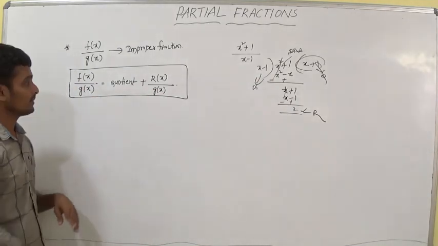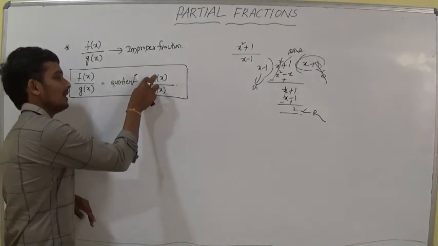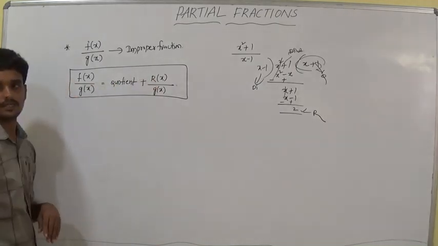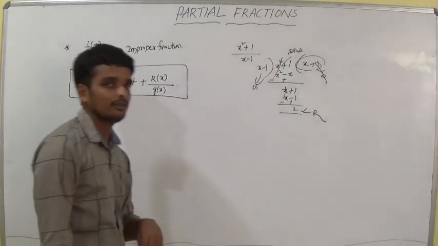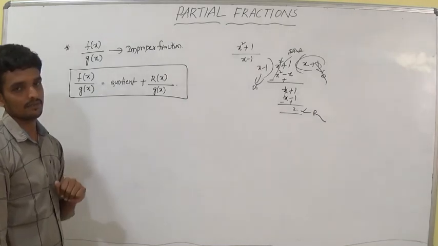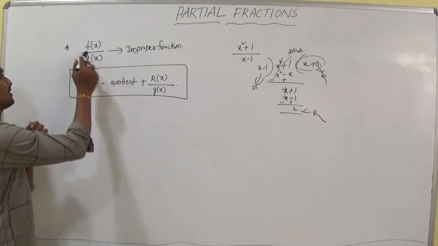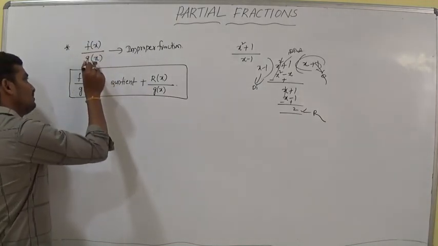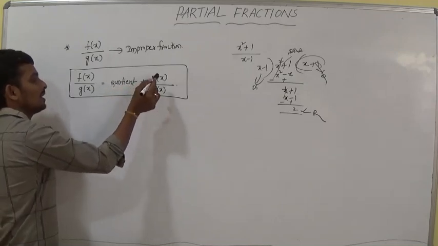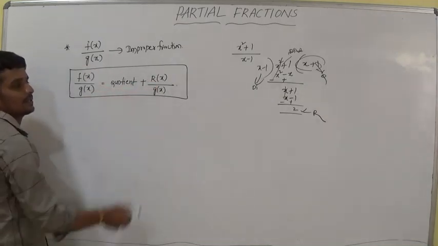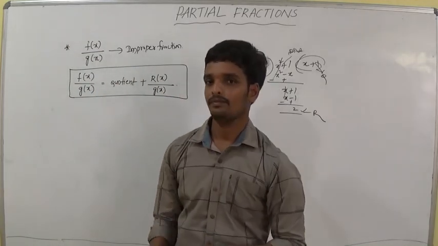That's why I wrote here: f of x by g of x is equal to quotient plus r of x by g of x. Are you okay? Once again I am reminding, f of x by g of x is an improper fraction. If you divide these two, you get f of x by g of x equal to quotient plus r of x by g of x. R of x is the remainder, g of x is the divisor. Are you okay?